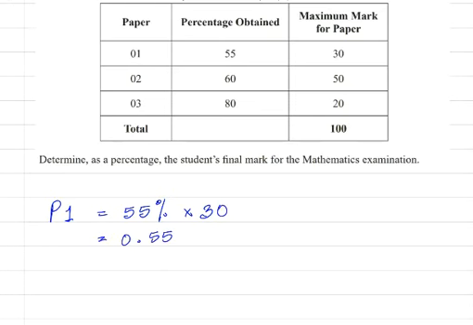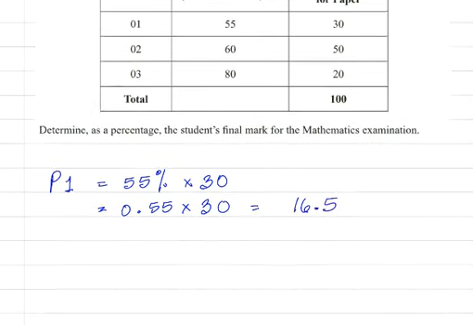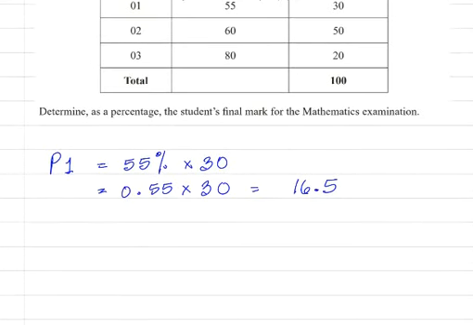So 55% is 55 over 100, which is 0.55 times 30. And we end up with 16.5. Alright, so this person got 16.5 out of the 30 marks.